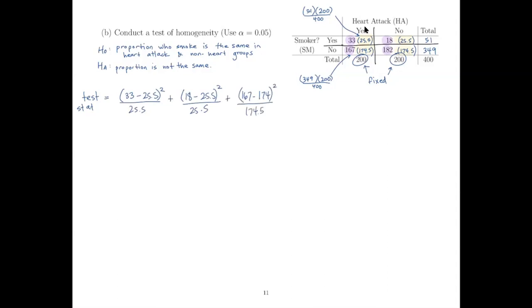Oops, I forgot the 0.5. Silly little mistake, but it might matter here. There we go. And last but not least, 182 minus 174.5 squared divided by 174.5.